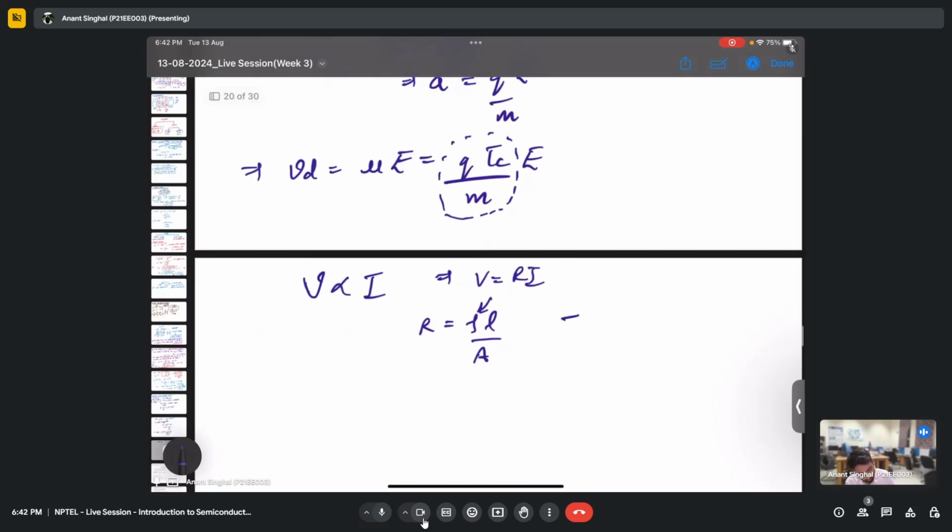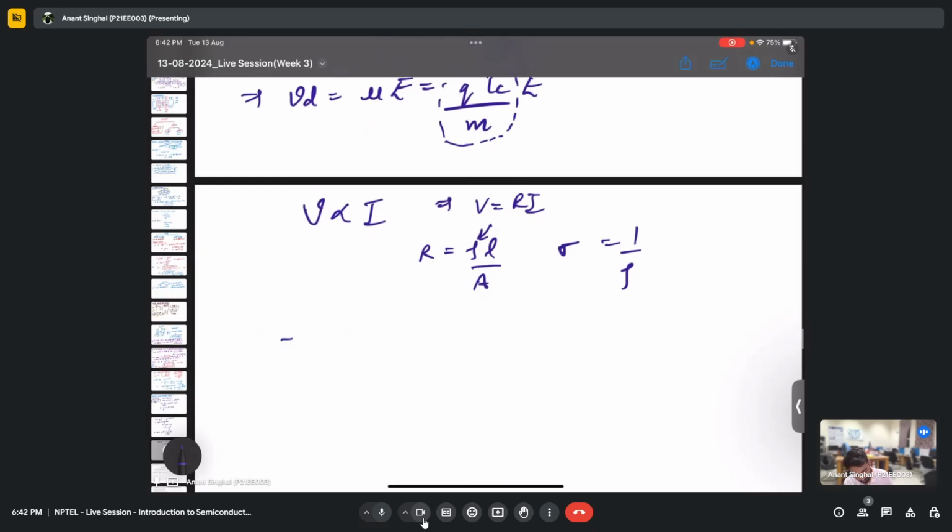Similarly, we have conductivity, which is 1 by rho. 1 by resistivity is given by conductivity. So what I can write is a very basic Ohm's law in terms of, so I'm writing R as rho L by A.